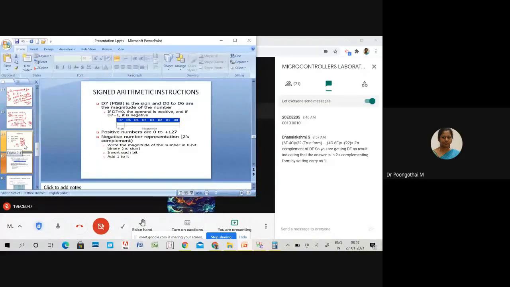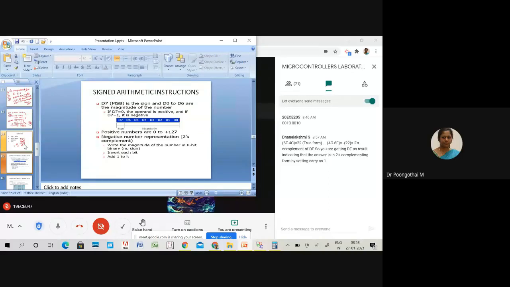In unsigned subtraction, we have to perform the manual calculation to know if the carry is 1 or 0, right? Yes, for subtraction only, not for addition. That was the doubt. Thank you, ma'am.